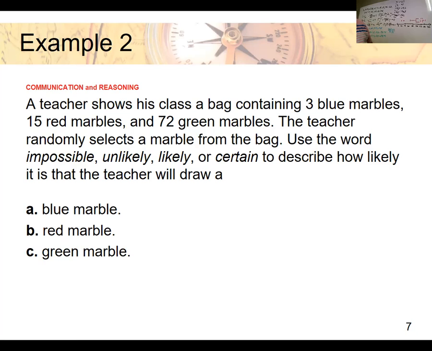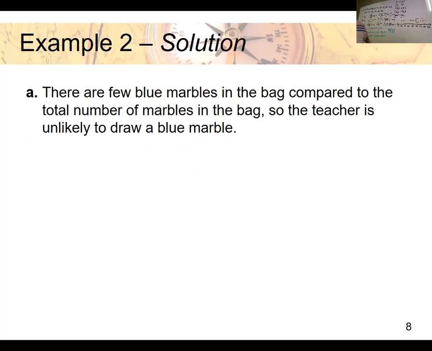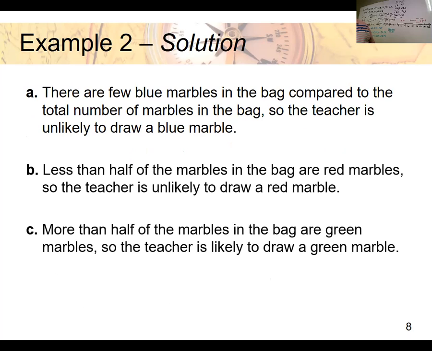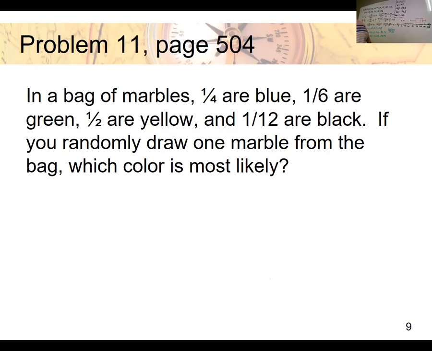Likely, because there's 72 green marbles in the bag. And these are just the answers to that, and their reason. Few blue marbles there, so it's unlikely. Less than half the marbles are red, so that would be unlikely. And more than half the marbles are green, so that would be likely.